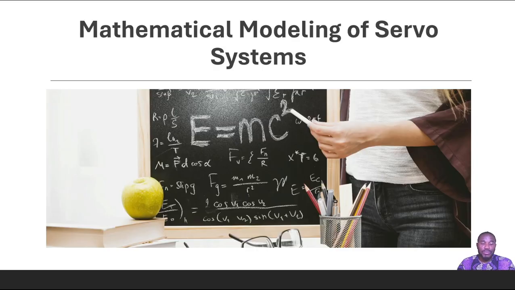In the last video, we looked at different types of control systems, the advantages and disadvantages for some of them, and then we went on to start looking at servo systems, what they were, and what they are used for, and we looked at some examples of servo systems.